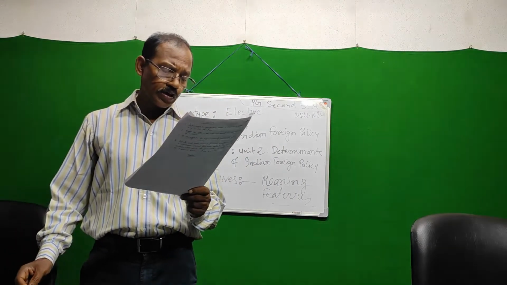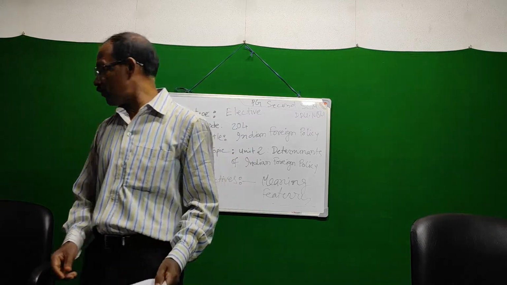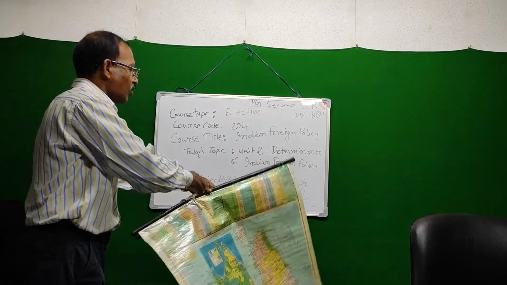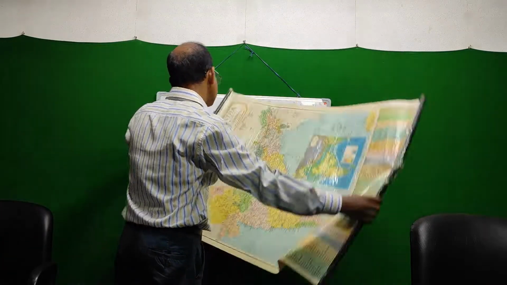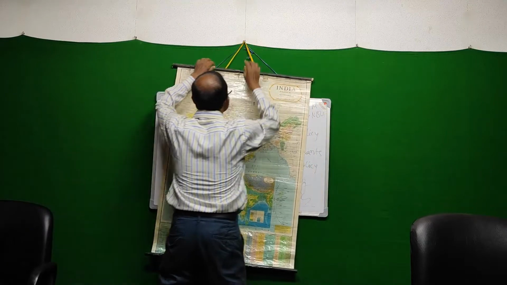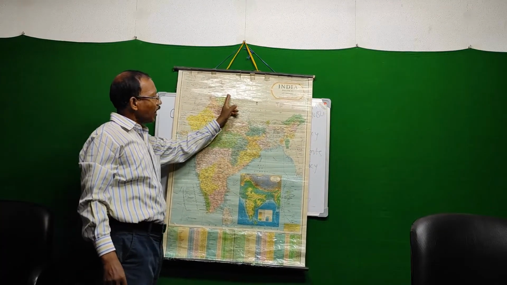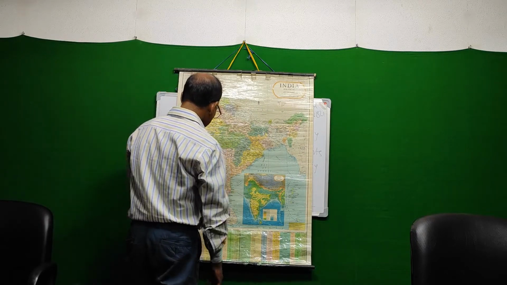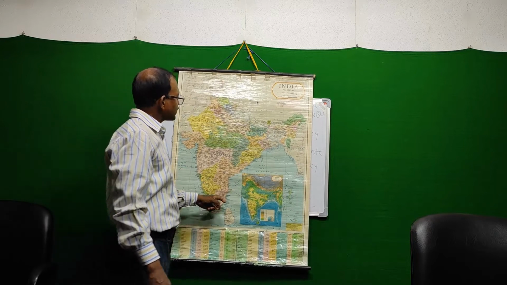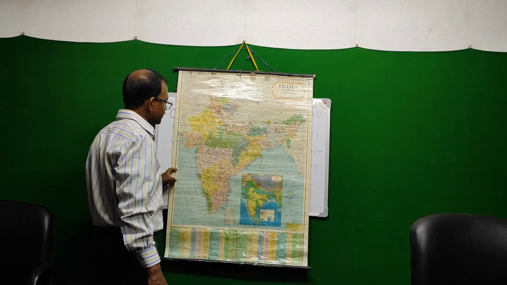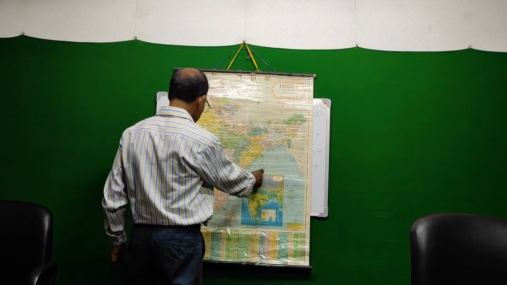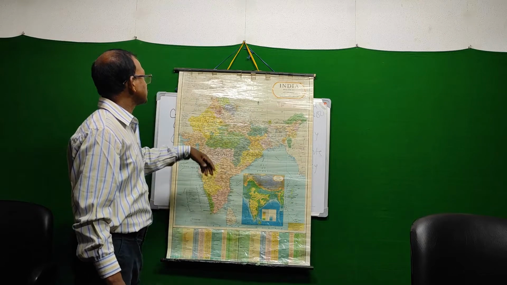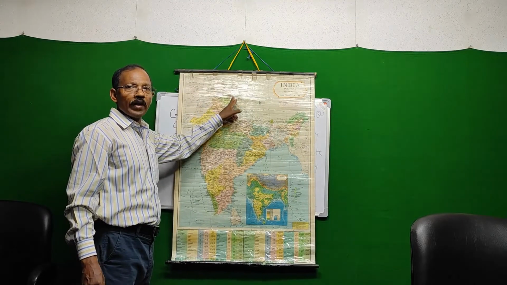Then the first one is the geographical factor. Everybody knows India's boundary, its neighboring countries as well as SAARC countries. Nepal is in the north, the Arabian Sea is on the southwest, the Bay of Bengal on the southeast, the Indian Ocean on the south side, and the Himalayas on the north side.